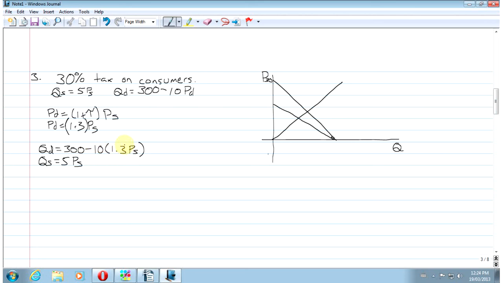Okay, so I can see that this is just going to turn into 300 minus 13 PS, which is changing the slope of this, where if I flip these axes around, this line would be steeper than this line, which is exactly what we'd expect from this formula here. Okay, so QS equals 5 PS and QD equals 300 minus 13 PS.